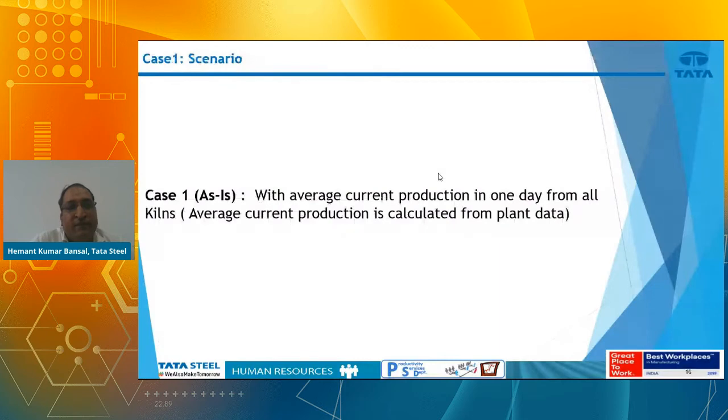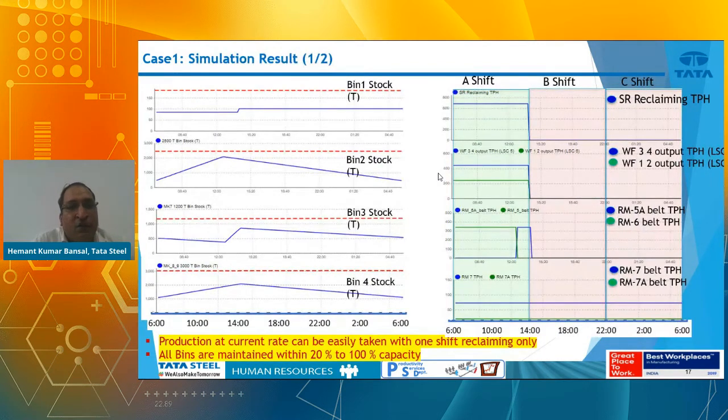We started with the as-is scenario, case 1, where we took the average current production, and we ran the simulation model on that data. We found that only 1 shift of reclaiming is enough to run the whole plant, which is currently running 3 shift operations.